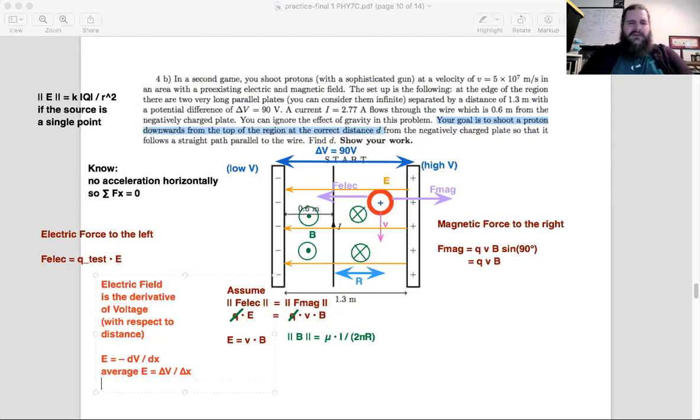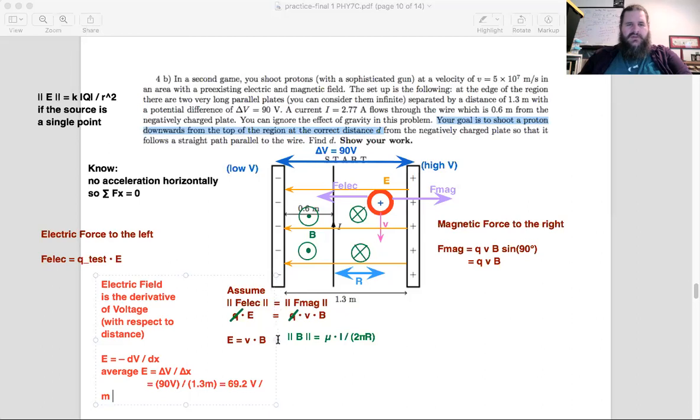And if we actually divide those, delta V, 90 volts, delta X, 1.3 meters. If you divide those, what do you get? Yeah, 69.2, and that's volts over meters.